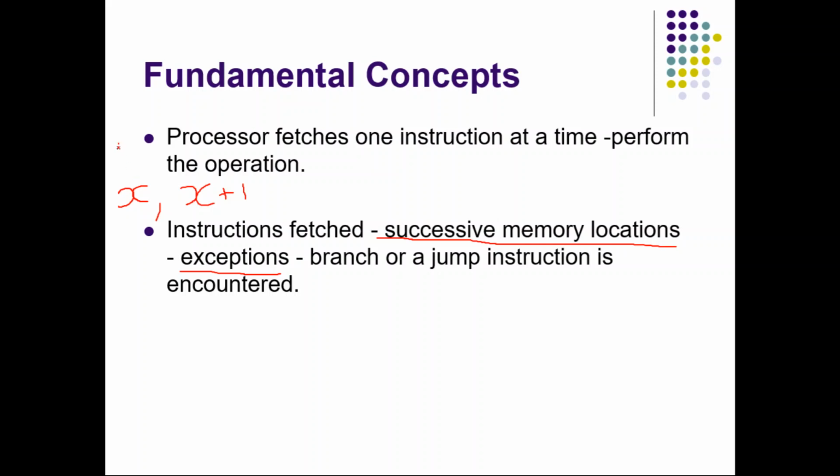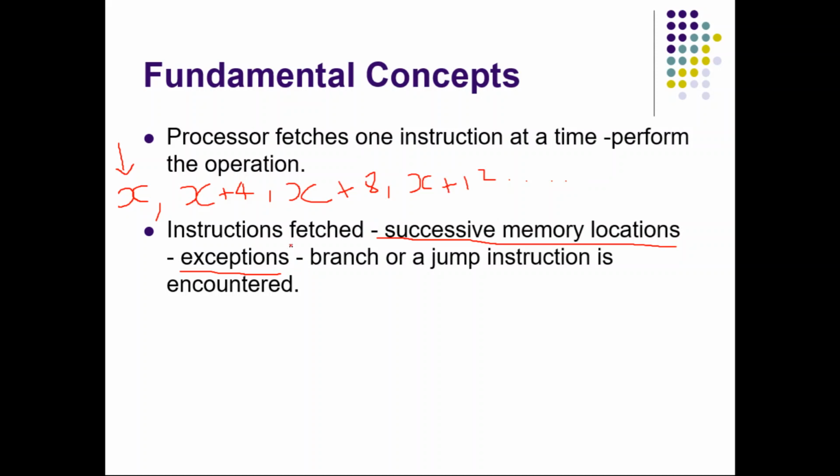In that case, if the current instruction is fetched from location X, then the next should be from X plus 4, then X plus 8, then X plus 12, and so on and so forth. Generally the instructions are expected to be executed from successive memory locations like this.